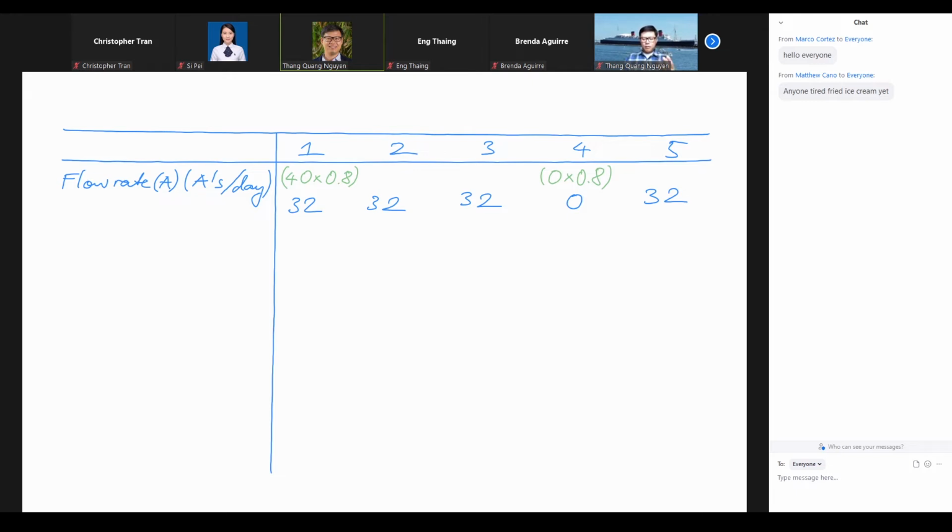So in one day, these are the number of ice creams that actually go through the kitchen, right? 40 is too much. Only 32 actually go through the kitchen. Right, so that's the flow rate of A. And then we have the flow rate of B. How many B's a day?